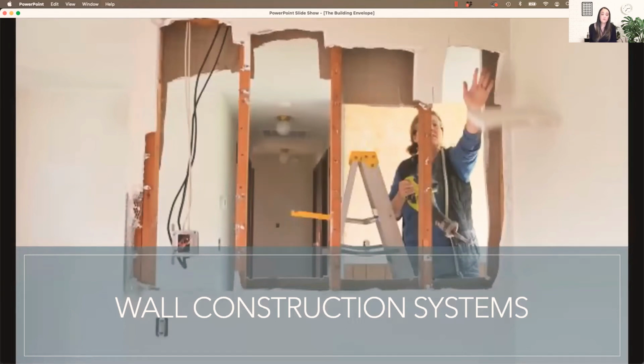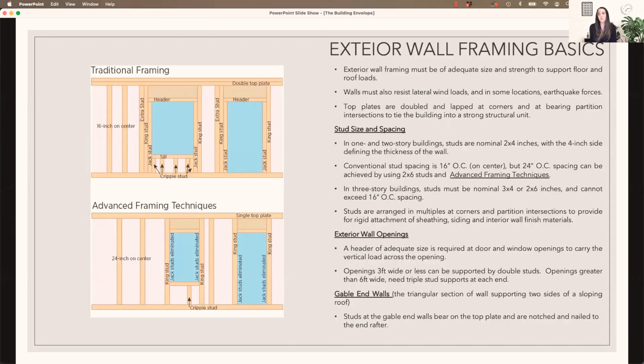So wall construction is very similar to floor construction or floor framing. We're still talking about wood stud framing systems, so we're still talking about using either 2x4 wood material or 2x6 wood material, typically for exterior walls.